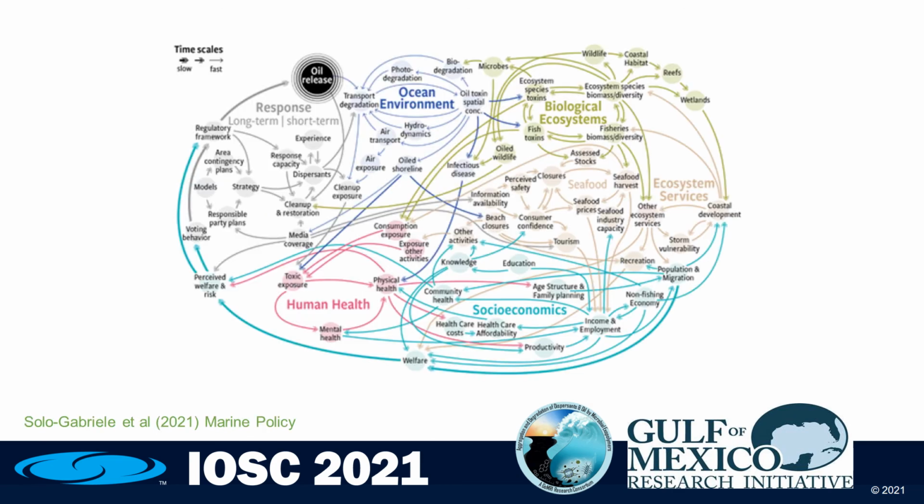And specifically, if you look at the work of Solo, Gabriella, and colleagues, there is just an amazing array of connections and directions in which an oil spill release impacts the ocean environment, as well as biological systems, ecosystem services, economics, human health, etc., etc. And with the work of the GoMRI initiative, we've been able to really start to make progress in understanding how all of these pieces fit together and how they're all interconnected.